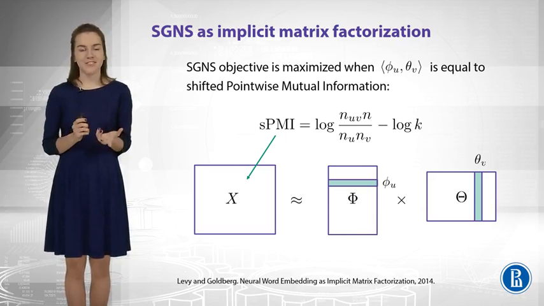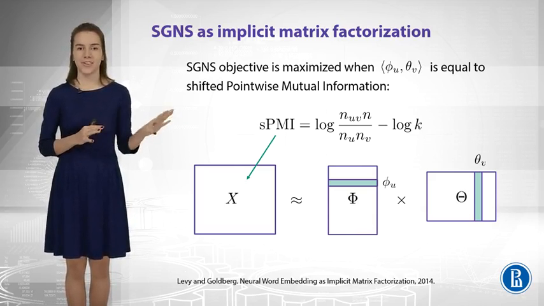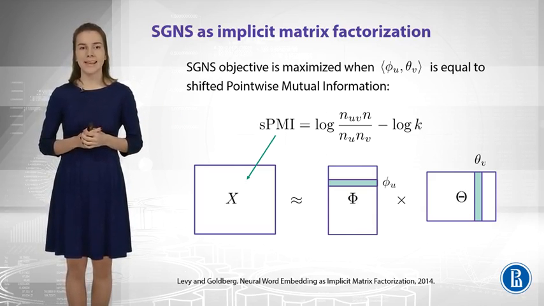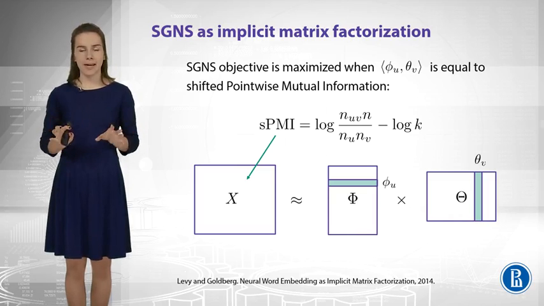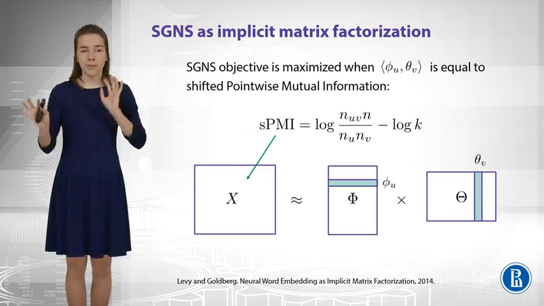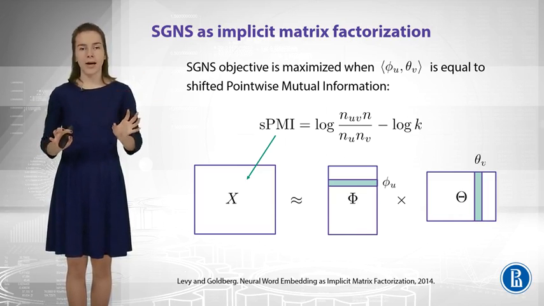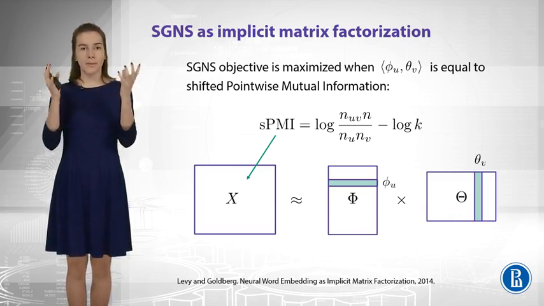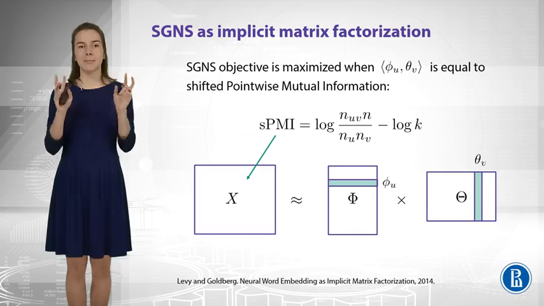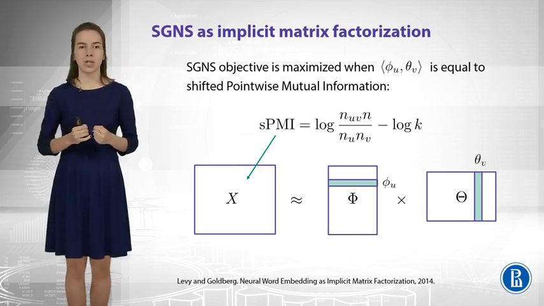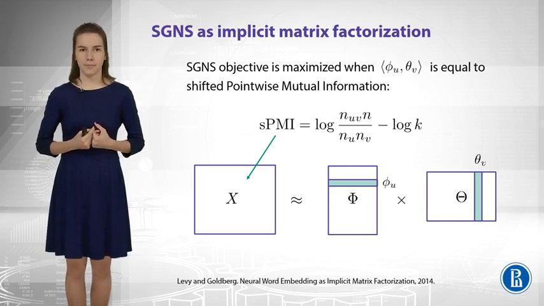This is just some nice fact. This was published in a recent paper, and it says that even though in skip-gram negative sampling model we do not think about any matrices, however, you can still interpret it as some implicit matrix factorization of shifted PMI values into our usual two matrices, phi and theta.